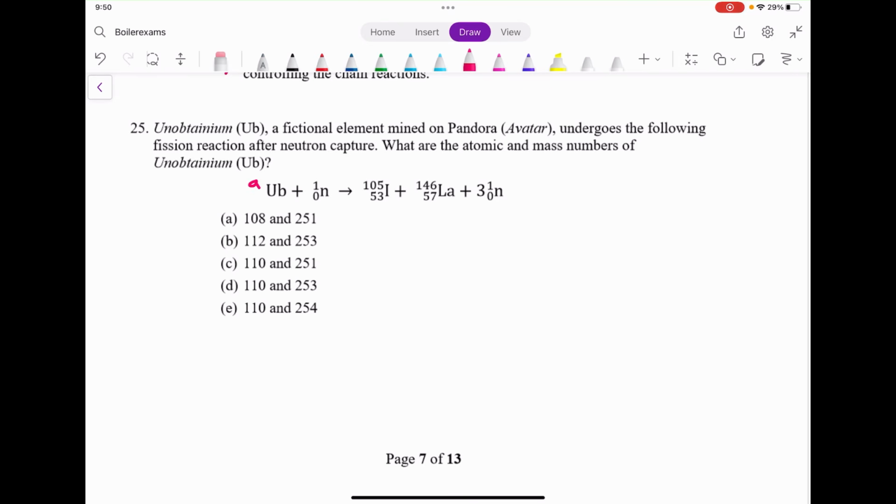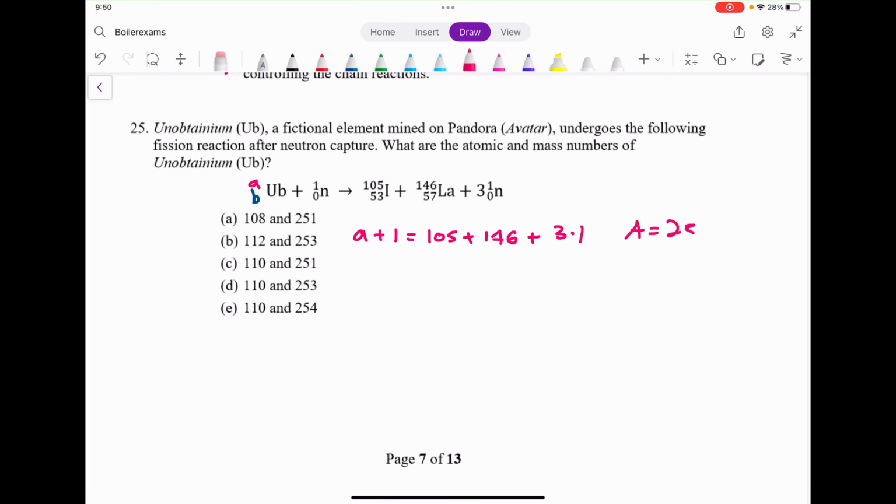I'm going to call this A. I'm going to call this B. Let's solve for A first. A plus 1 equals 105 plus 146 plus 3 times 1. A equals... I'm too far in. I'm not even going to try. Don't make fun of me.